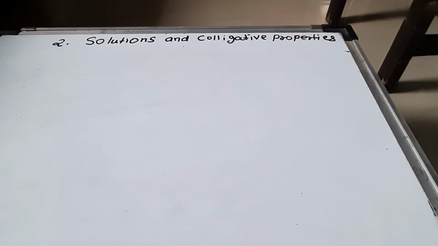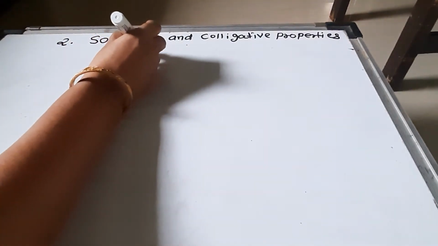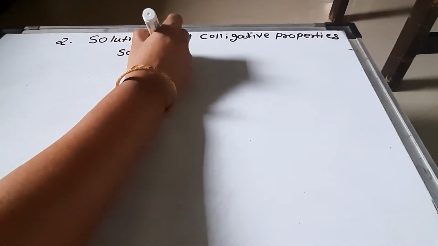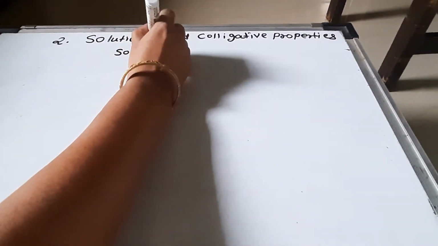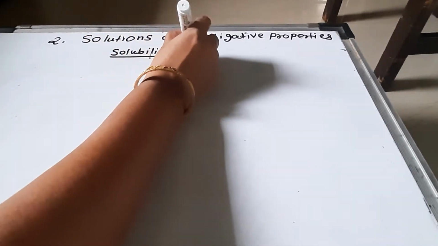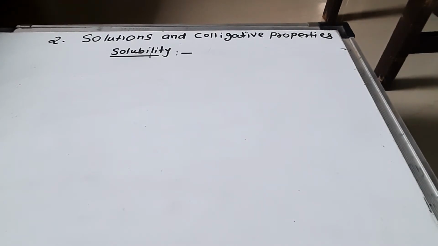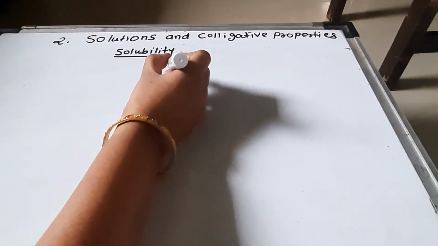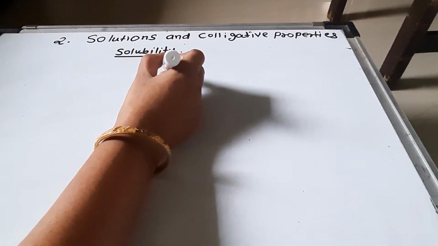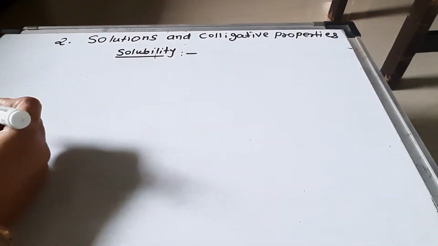The next topic is solubility. What is solubility and the factors affecting solubility? The amount per unit volume of saturated solution at a specific temperature is called solubility.